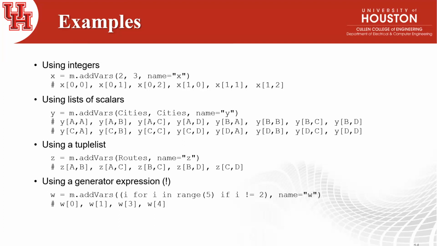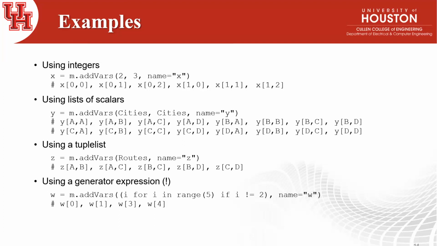For example, addVars(2, 3, name='x') creates 6 variables in total, from x00 to x12. We can also use the list. We already have cities, so we set the rows as cities and the columns as cities. So we have 4 cities, and 16 variables in total from yAA to yDD.